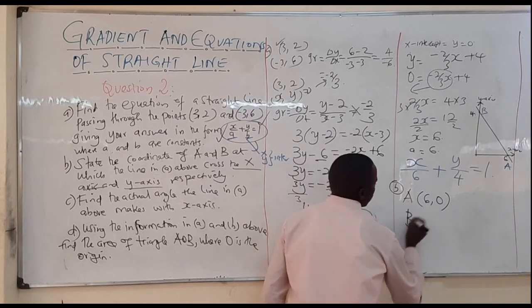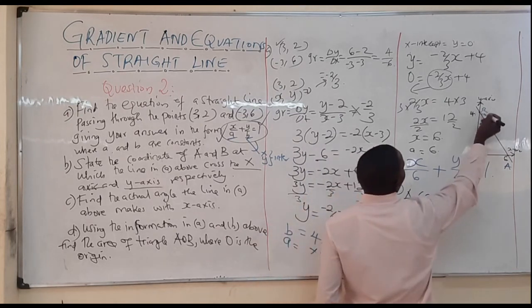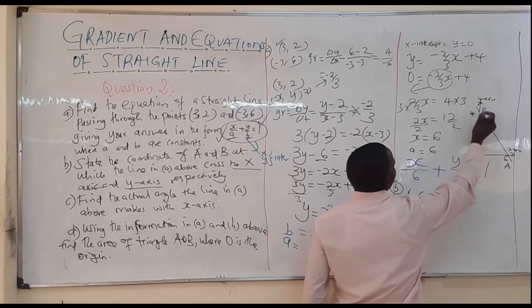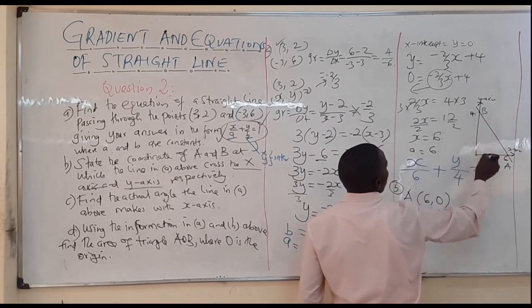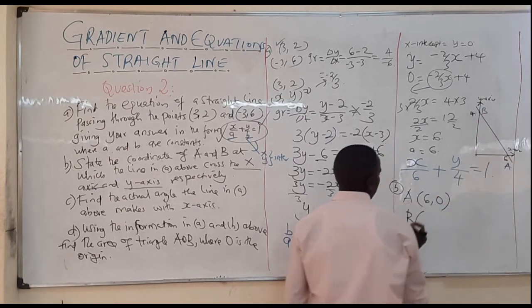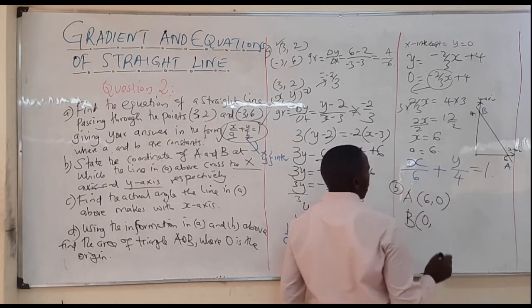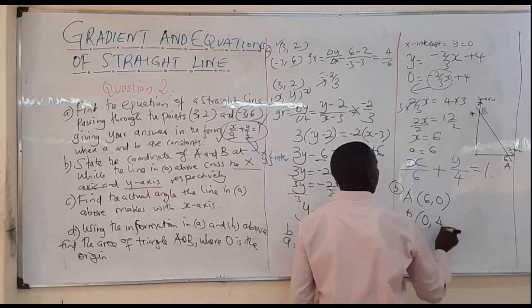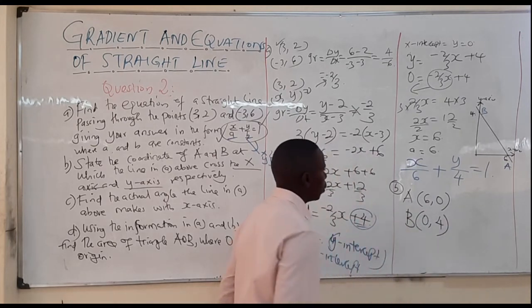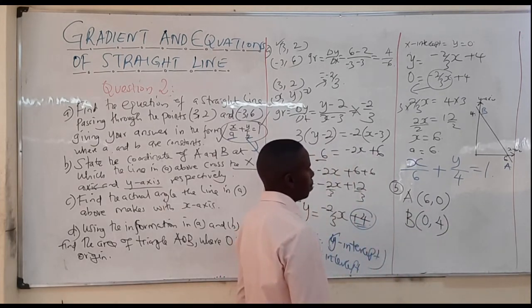Then the coordinate of B, at the y-axis, the value of x is 0, but y is 4. So those are the coordinates of A and B.